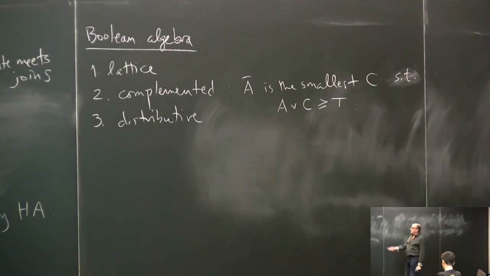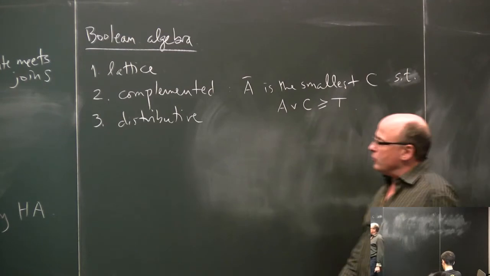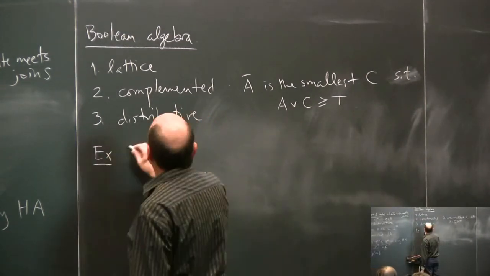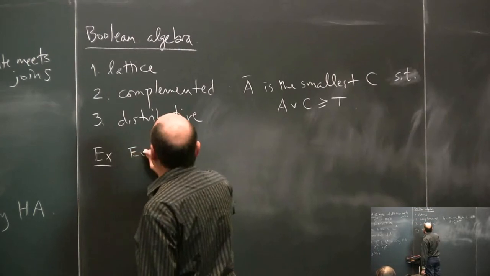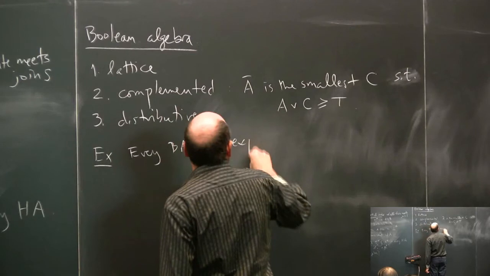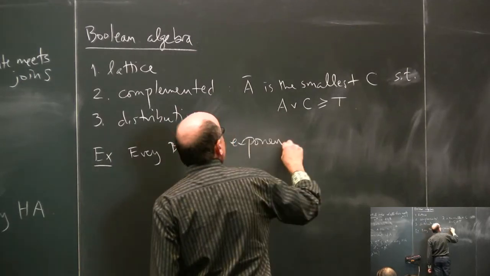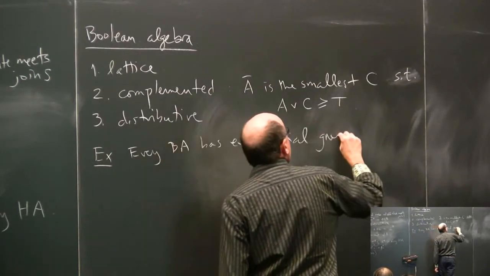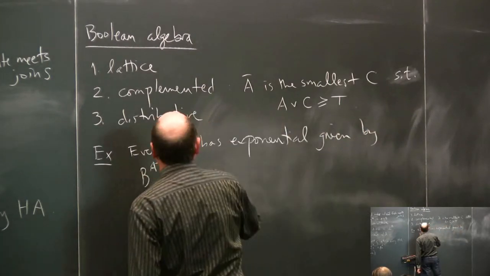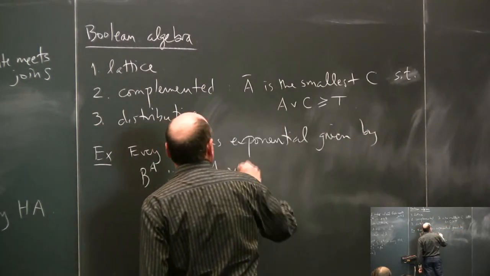And then in the setting of a Boolean algebra, you can do all sorts of familiar tricks. So one thing I wanted to point out, I mentioned last time, as an exercise: every Boolean algebra has exponentials, given by b to the a being not a or b.